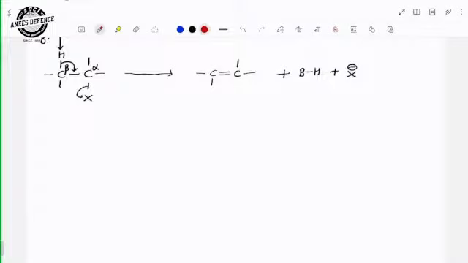One is Saytzeff and the other one is Hofmann. Hofmann you have not studied, but Saytzeff is okay.